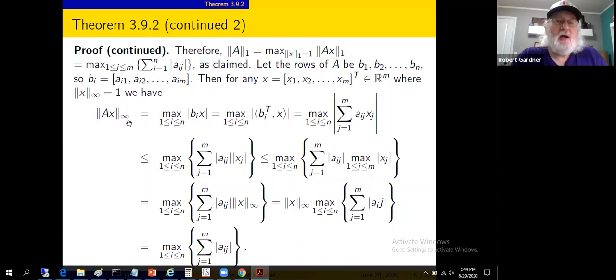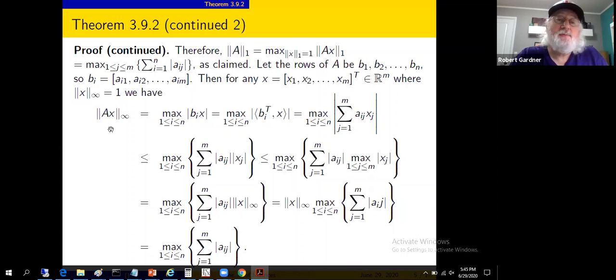Ax, infinity norm of, okay, same thing. We're going to get a bound on it as given here. And what we're trying to show is the infinity norm of matrix A actually equals this. So here we're getting for any x a unit vector with respect to the L infinity norm, the L infinity norm of Ax is less than or equal to this quantity.